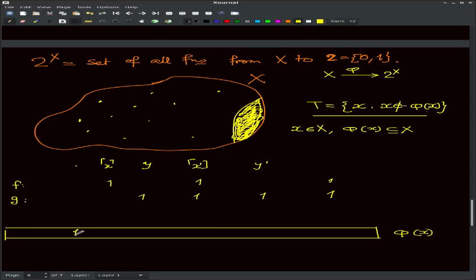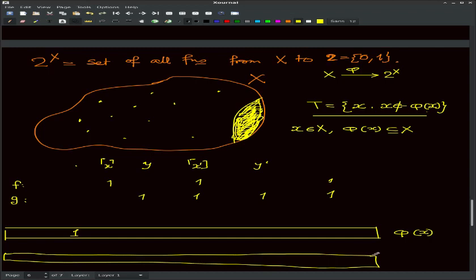If there is a 1 here, don't take it. But if this is the row for phi x prime, and this place is dark, so in other words this is a 0 over here, take that. So you take all those x's where in the row for phi x and the column x, you look into the x phi x position. If there is 1, you don't take it. If there is 0, you take it. That's what you do.